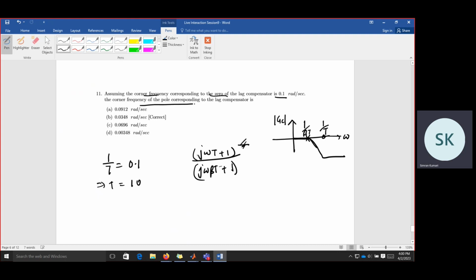So the corner frequency corresponding to the pole, that is 1 by beta T, and beta we have found out, it is 2.87 into 10. So we'll just multiply this.